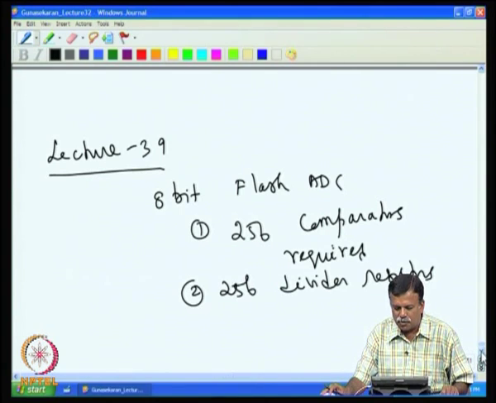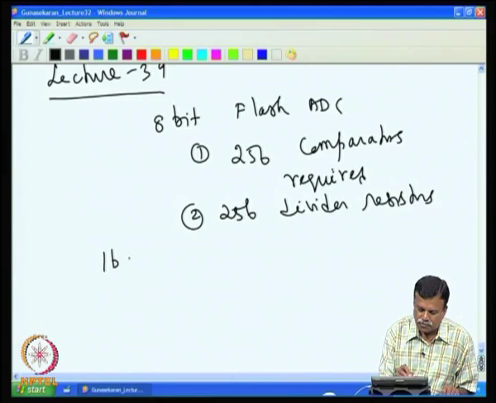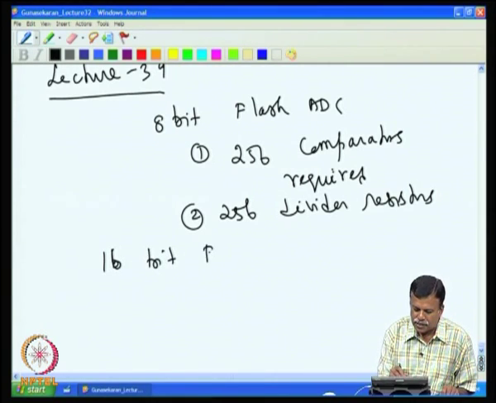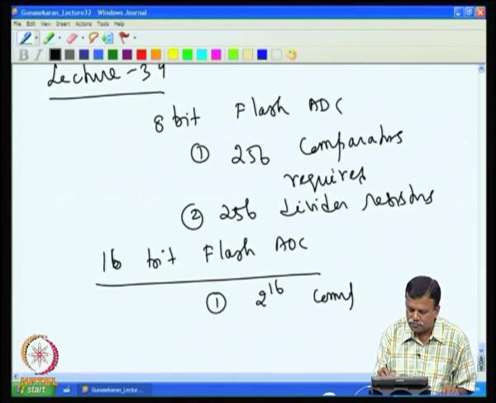but then if we want to go for a 16 bit flash ADC converter, I need 64,000, that is 2 power 16, comparators, and then similarly 2 power 16 divider resistors.